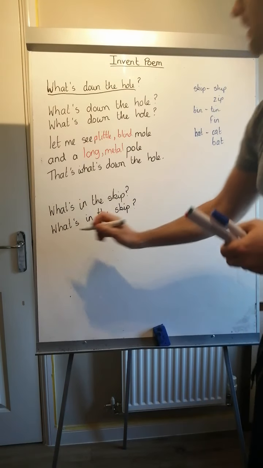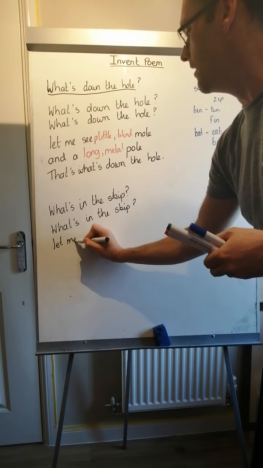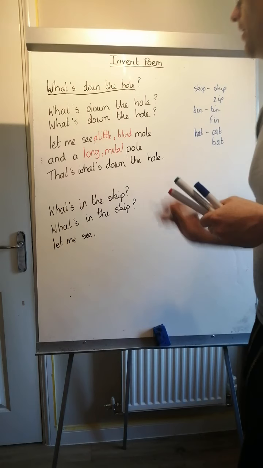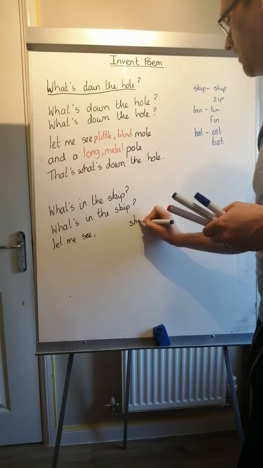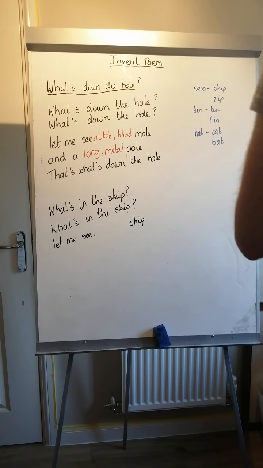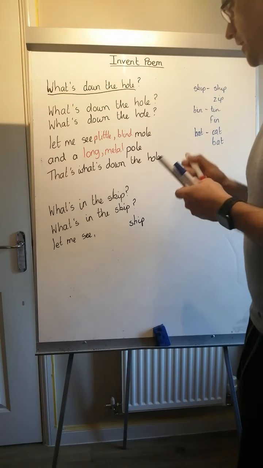Right, now this is where we do it. So we've still got this bit. Let me see, comma, right, something something ship. So I need two adjectives again to describe the ship. Now I want it to be a big ship.